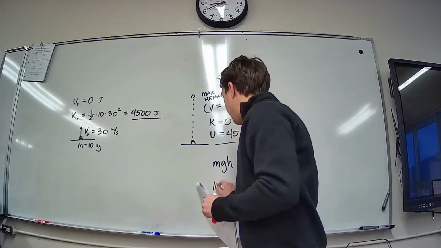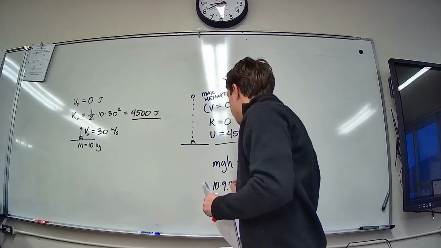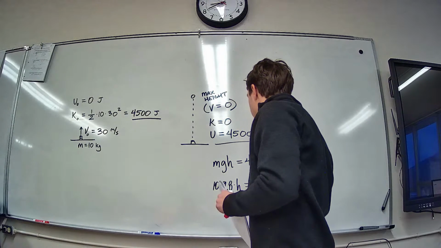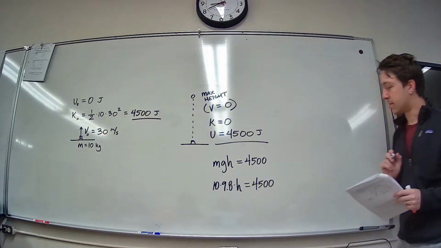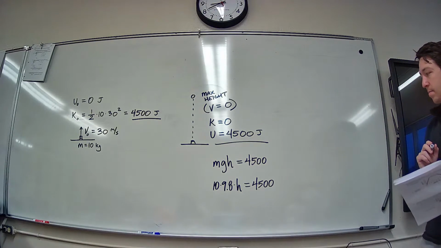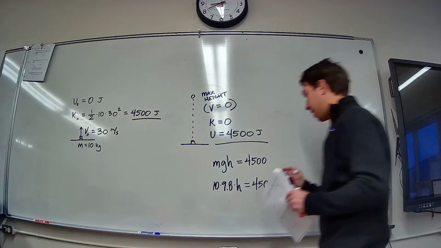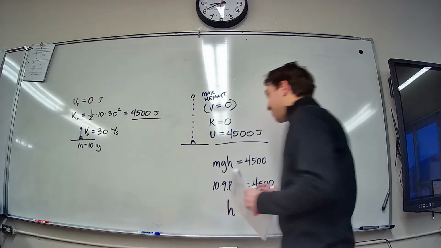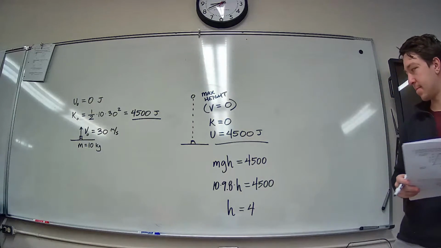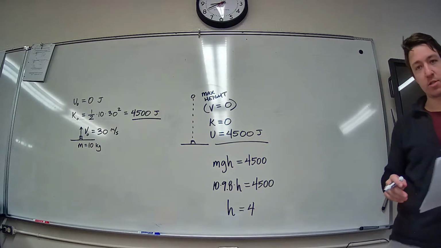The mass we know is 10. g is 9.8. And so you're going to get 40 something, I don't know, 46-ish.